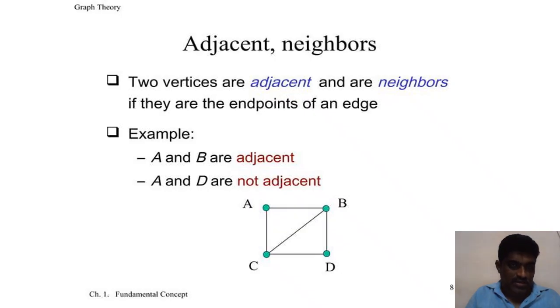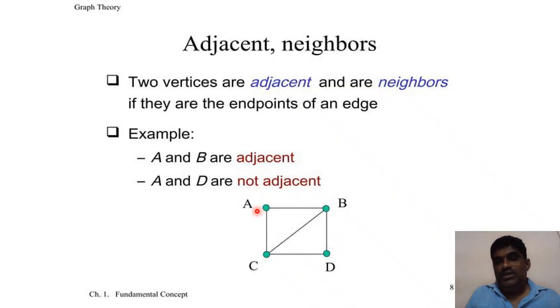So consider the following graph containing four vertices A, B, C and D, and vertex A is directly connected to vertex B and vertex C. The vertex A is not directly connected to vertex D. So the vertices A and B are adjacent, and similarly the vertices A and C are adjacent.